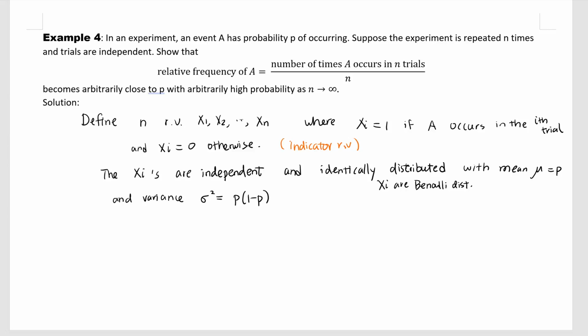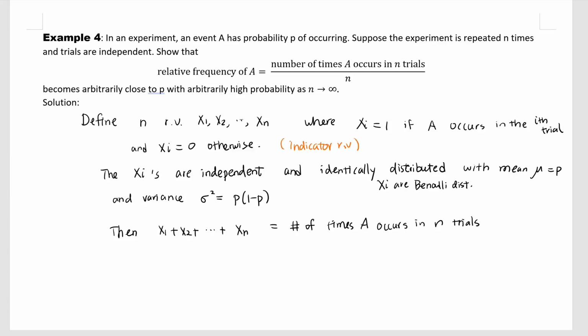Okay. And then we have x1 plus x2 plus ... plus x of n. This is actually the number of times A occurs in the n trials.